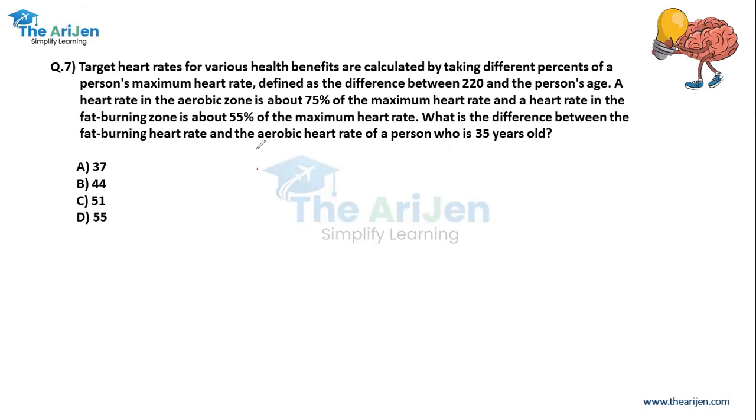So the difference between 220 and 35 is 185. Now the aerobic heart rate is 75% of this number, so you will multiply 75% with this 185.